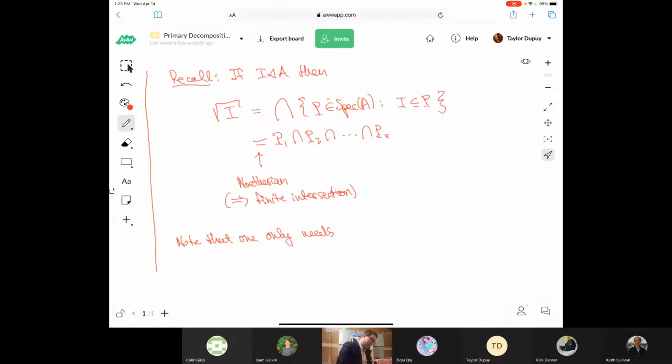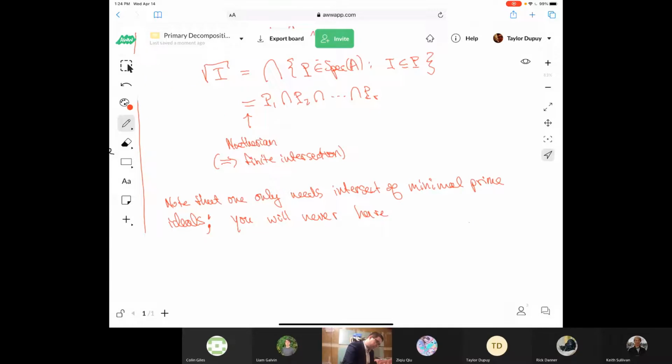So what I was going to say is that one only needs to intersect over minimal prime ideals, meaning that you'll never have Pi contain Pj, because if you had this, you would just throw away the Pi.